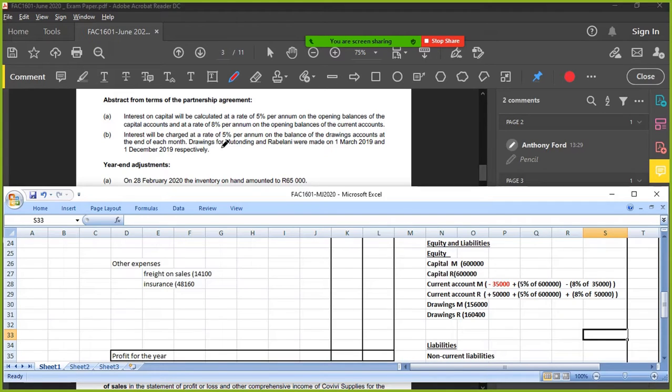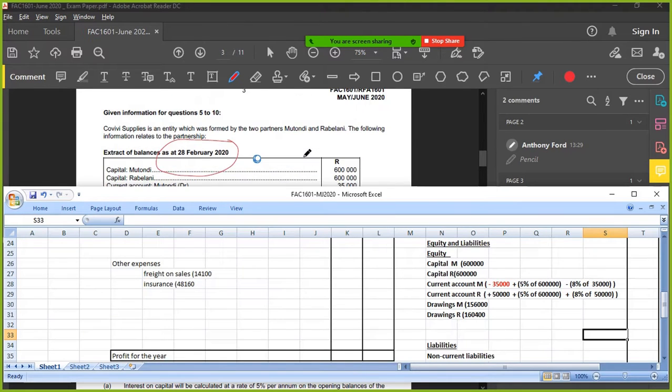Interest will be charged at a rate of 5% per annum on the balance of the drawings account. Okay, so if it's the balance of the drawings account, you're adding interest on that figure. Okay, so drawings for M and R were made on the 1st of March.